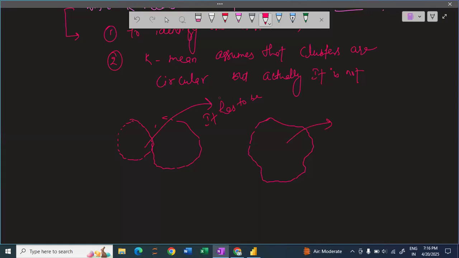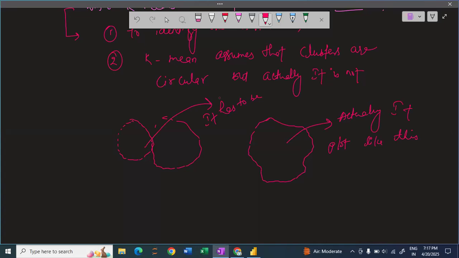But actually K-means plots it like this. So the main problem is to define the structure of the cluster.